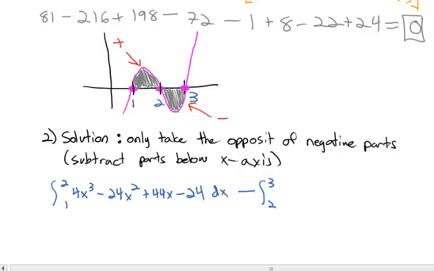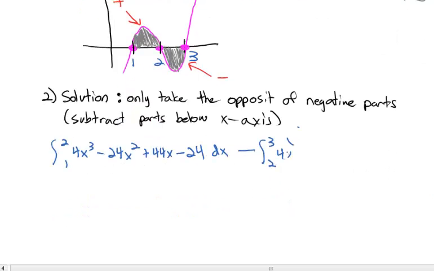Just taking the opposite of that negative part, we end up with positive area from that 4x cubed minus 24x squared plus 44x minus 24 dx. And that way, the left part will give us the positive, like we wanted, and the right part will make it positive by subtracting, like we want, and then we will have a total area between the x-axis and the curve, like we want.